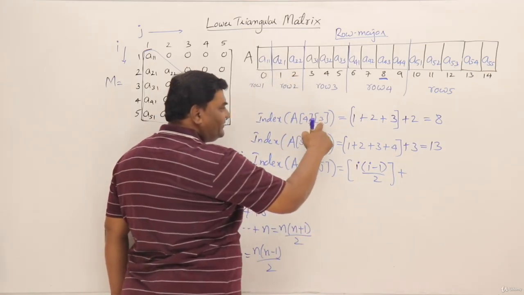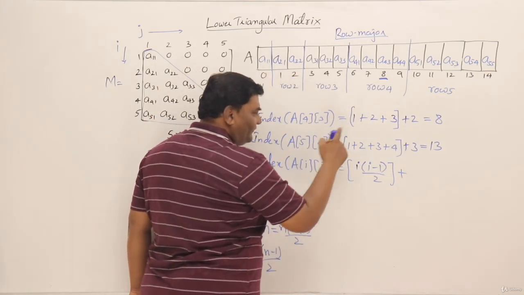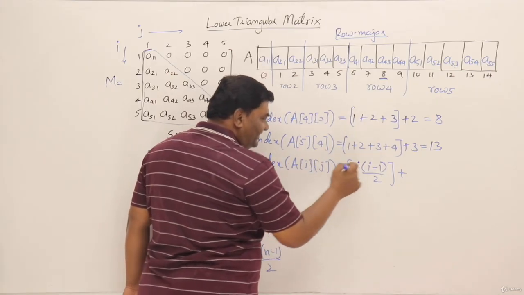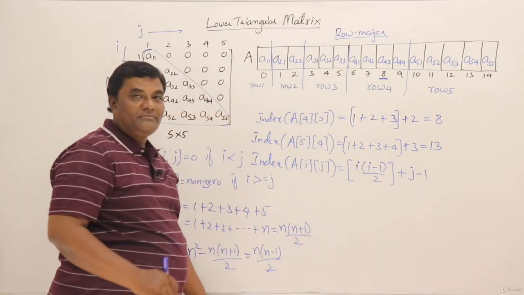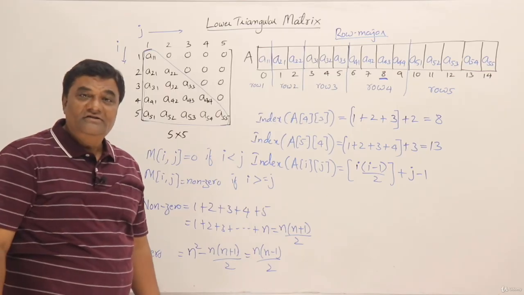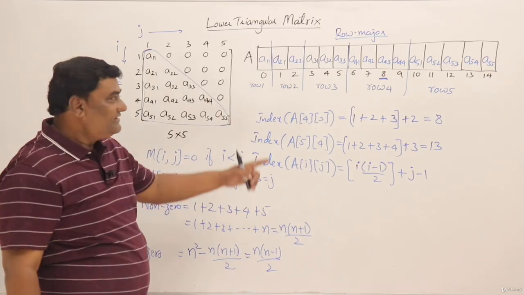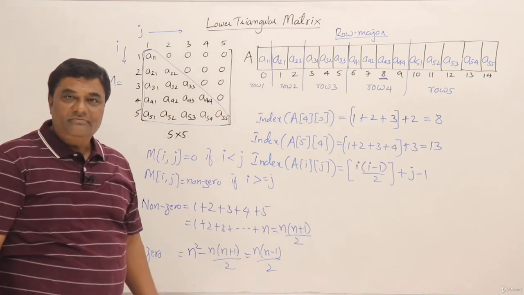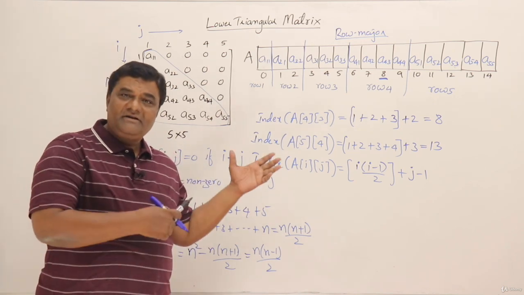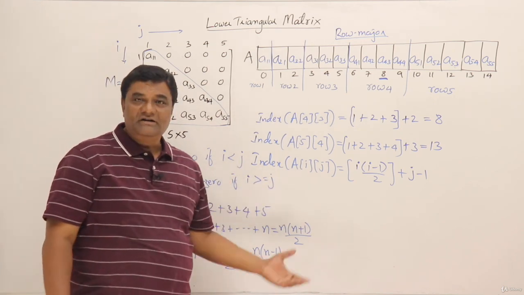Then plus, see, this was 3, so this was 2. This was 4, so this is 3. So for j, it will be j minus 1. So this should be the formula for accessing non-zero elements in a single dimension array. This is the row major formula. So we can prepare a program for this using this formula.